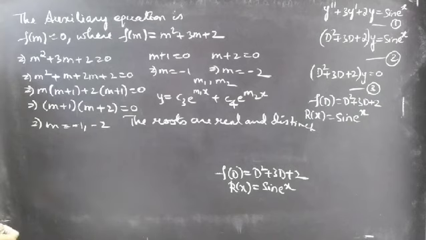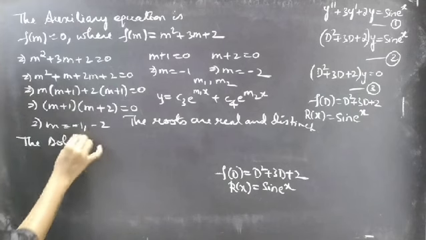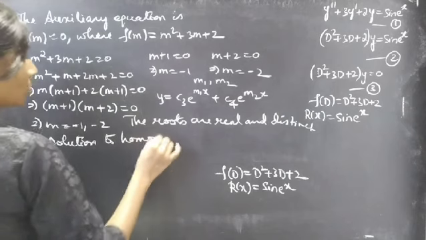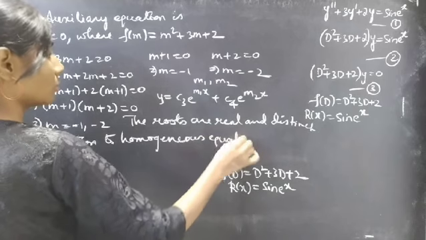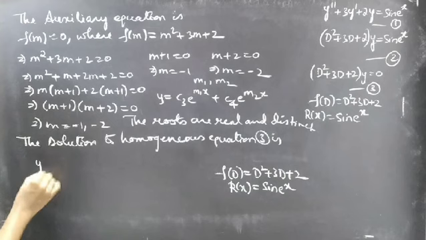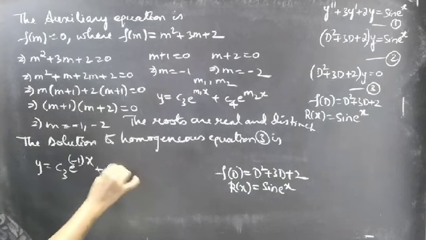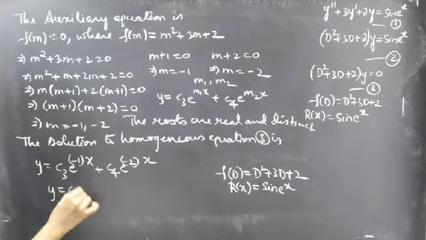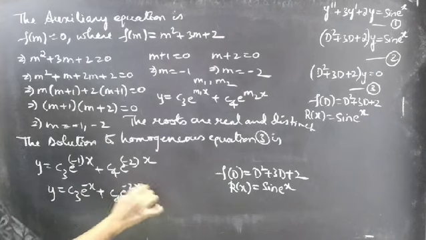Now coming to the solution to homogeneous equation 3: y equal to C3 e power minus 1 into x plus C4 e power minus 2 into x. This gives us y equal to C3 e power minus x plus C4 e power minus 2x.